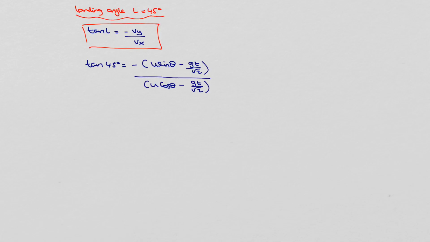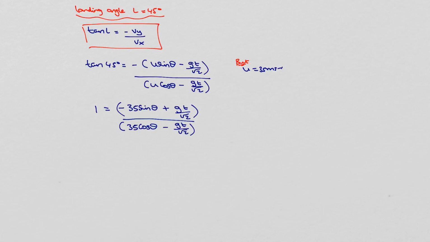So tan 45 is 1. U is equal to 35 meters per second. But you'll have that already in there. Okay, so therefore that's minus 35 sine theta plus gt over root 2, and that's all over 35 cos theta minus gt over root 2. So I'm going to cross multiply there.